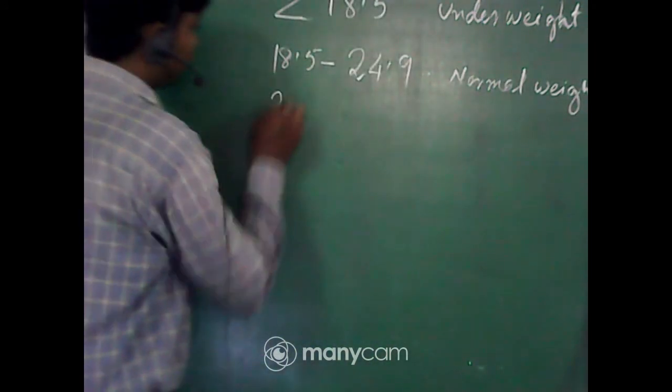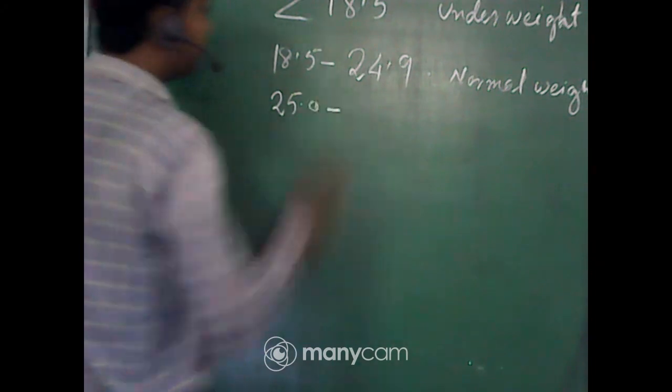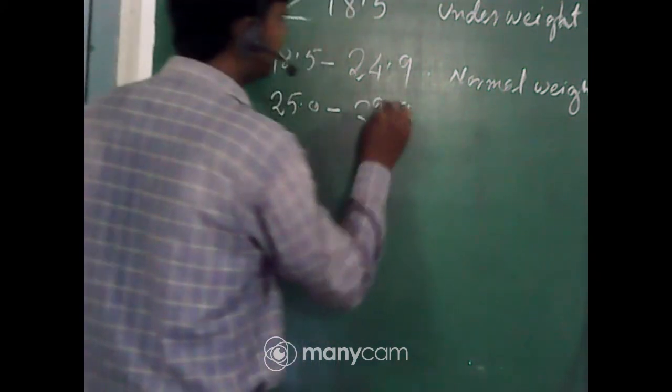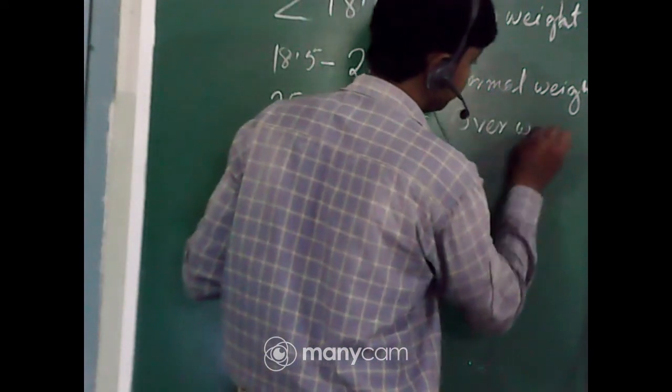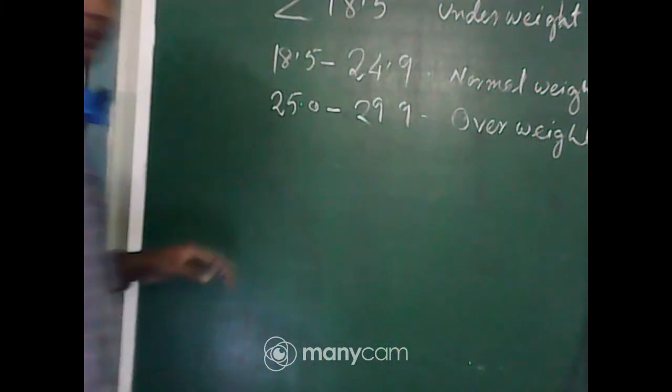Then from 25 to 29.9, it's called overweight.